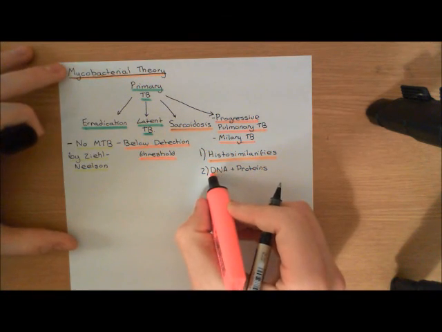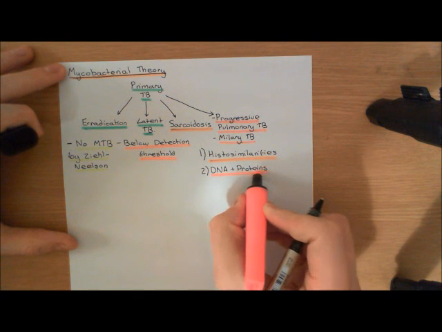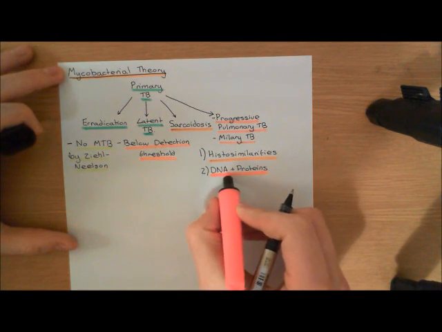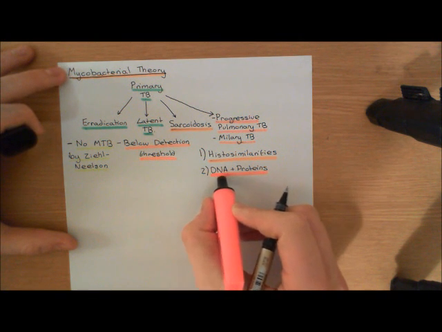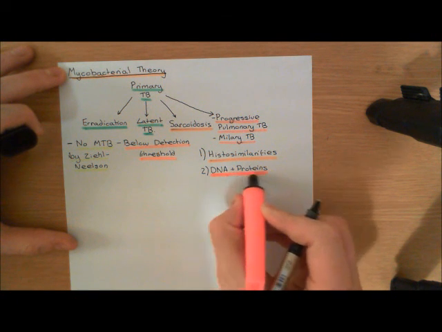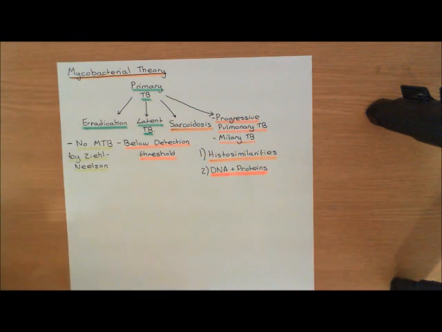Loads of different groups around the world have done the same experiments, where they've looked for the DNA of Mycobacterium tuberculosis in granulomas from people with sarcoidosis, and they've also looked for proteins of Mycobacterium tuberculosis in the granulomas from sarcoidosis. And different groups have got different results.